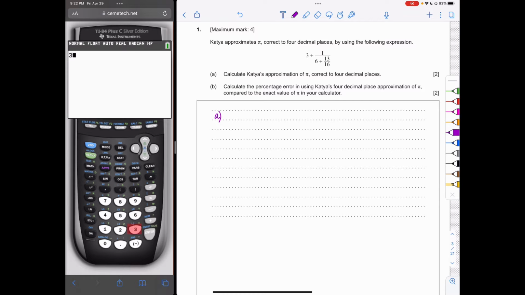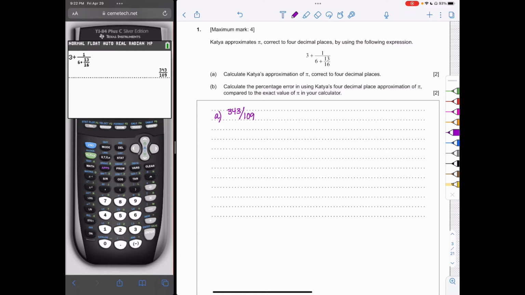So I'm going to have 3 plus 1 divided by 6 plus 13 over 6, 16. So when I get that, I end up getting that we have 343 over 109.